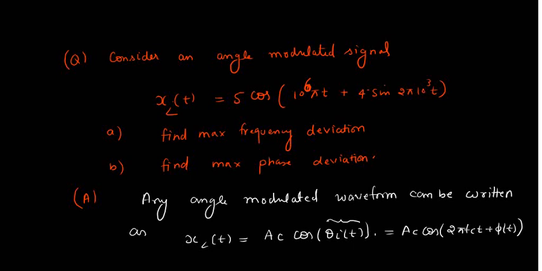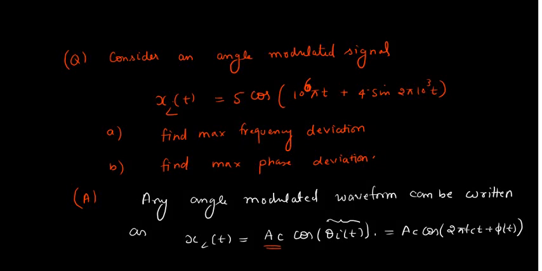If you remember, any angle modulated waveform can be written as Ac cos theta_i(t), right? And you can further write it like this. For the FM scenario and PM scenario, you know that phi(t) is 2 pi kf times the integral of m(u) du, and for PM it is kp m(t).